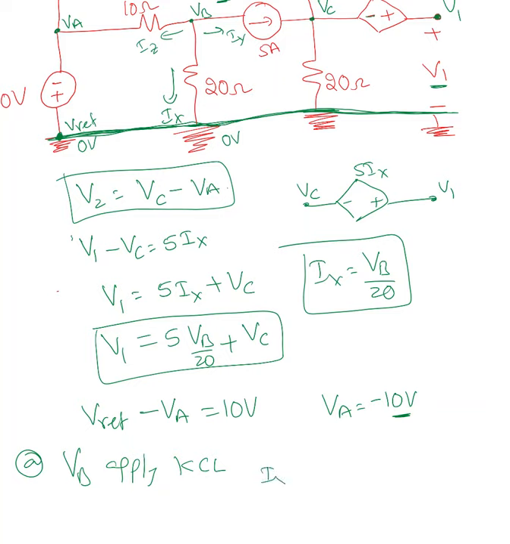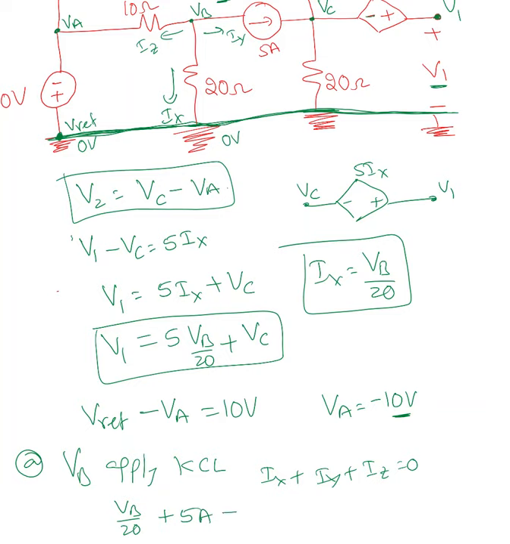So Ix plus Iy plus Iz equal to 0. What is Ix? Ix is nothing but VB over 20. Iy is nothing but plus 5 amperes. Iy and the 5 amperes are flowing in the same direction, so I can choose Iy equal to plus 5 amperes.